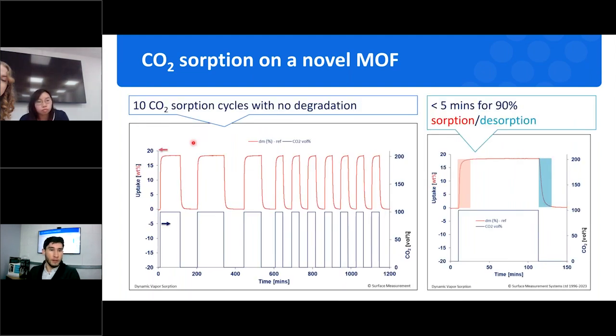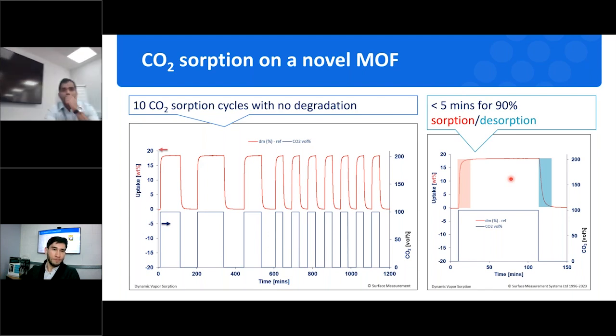Looking at cycles of CO2 sorption, up to 10 cycles here, perfect regeneration, no degradation in time. Looking at the kinetics, 90% of sorption and desorption uptake takes place in less than 5 minutes. So very fast uptake as well. Overall, a really nice and promising material.